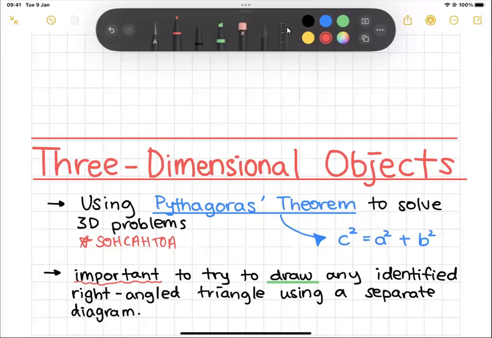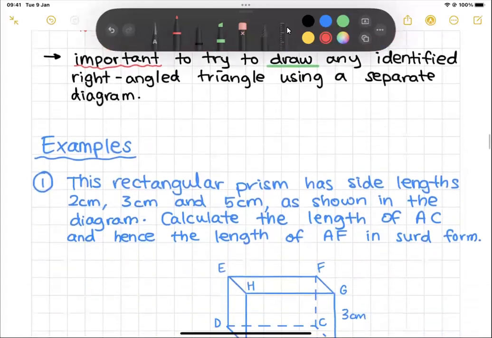In both types of questions, you need to draw the right angle triangles that you see, because it helps you to solve and be more methodical in your working out. Okay, so those two dot points. Let's get into our example.